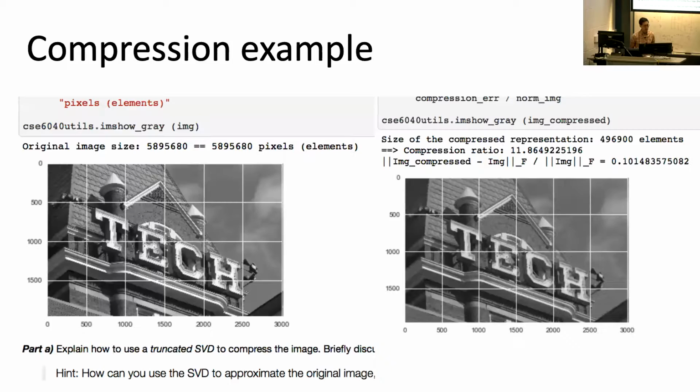So for example, in the image, what would be an example of structure that you see that, just conceptually, would allow you to reduce the size of the representation of this image? Just any structure that you see?